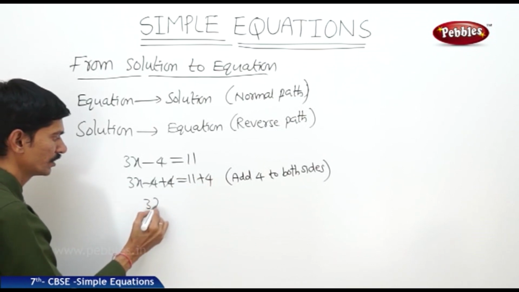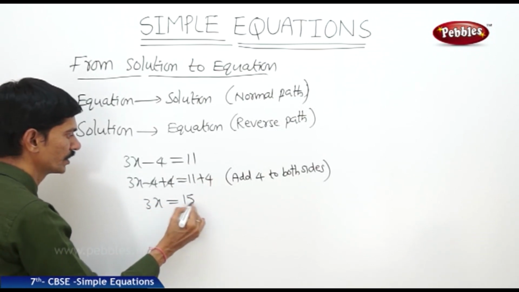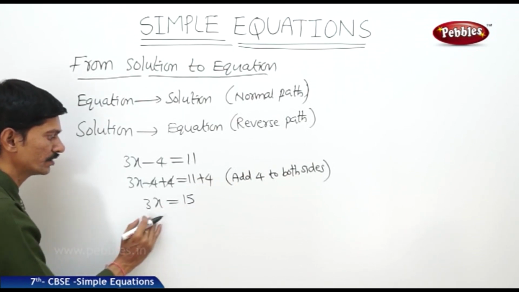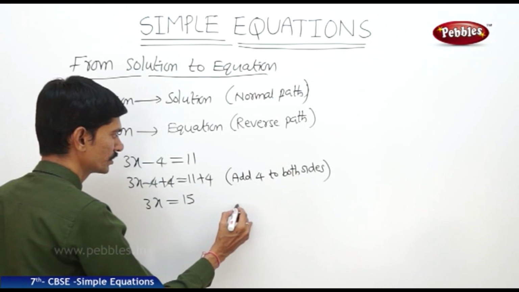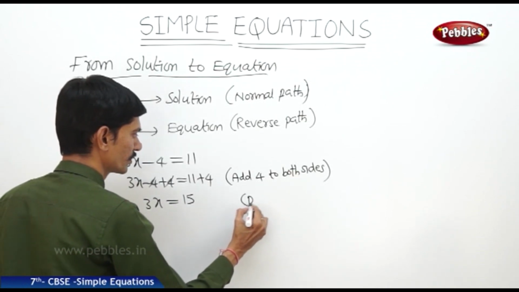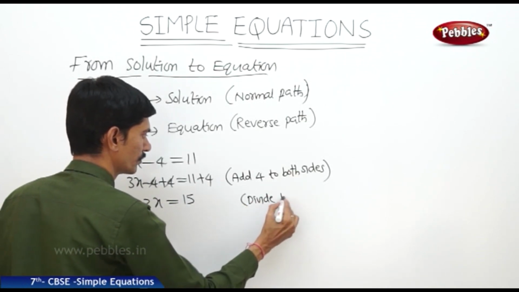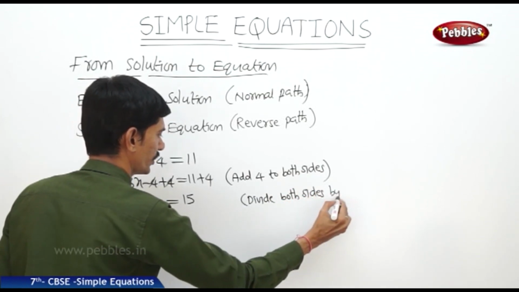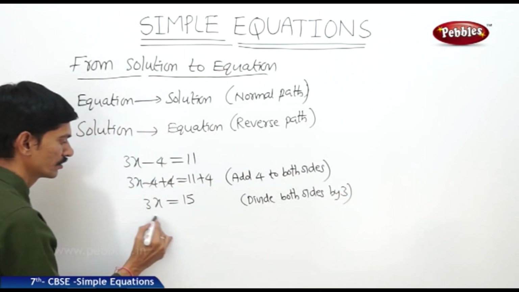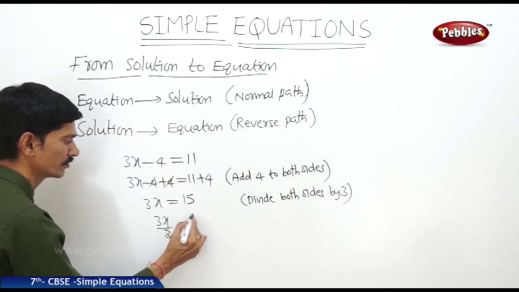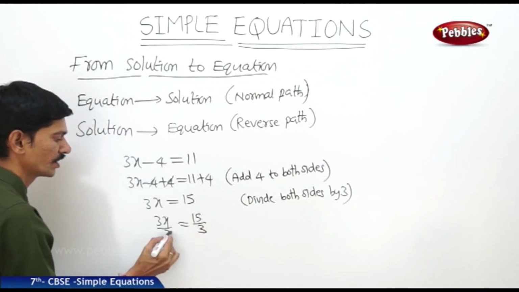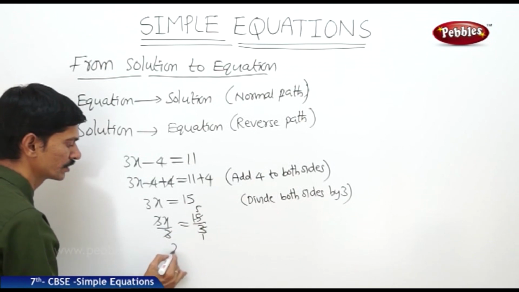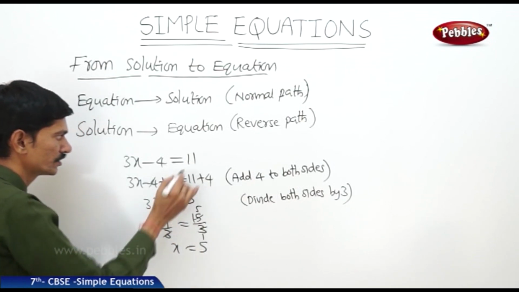Then we get 3x equals 11 plus 4, 15. And then to find the x value, you will divide both sides by 3. Now 3x by 3 equals 15 divided by 3. Here 3 gets cancelled and 3 1s are 3, 3 5s are 15, then you get x equals 5. So this is a normal path.